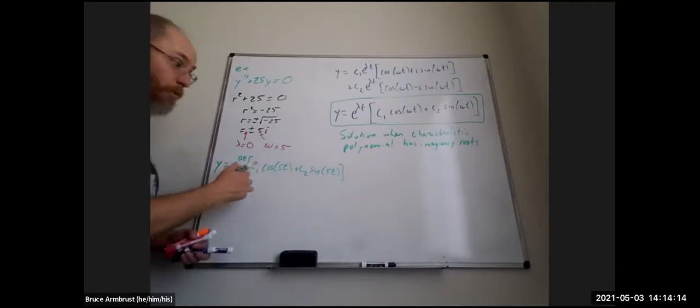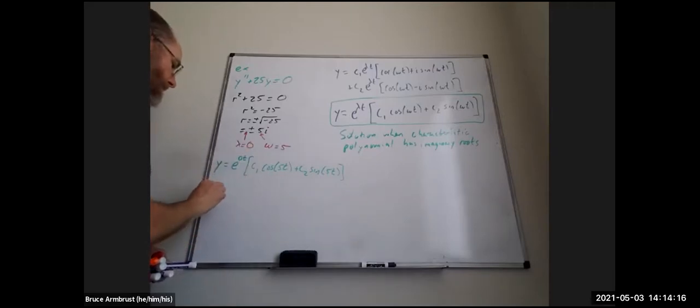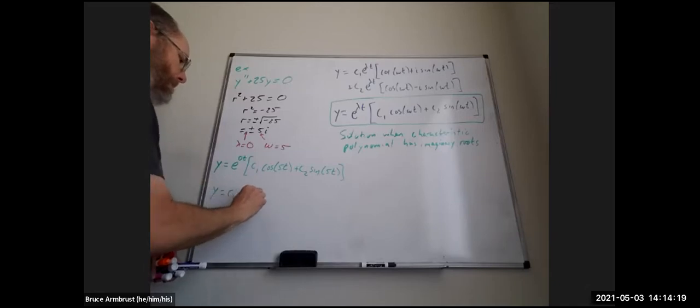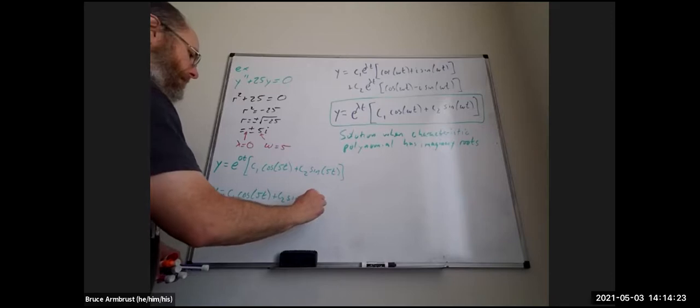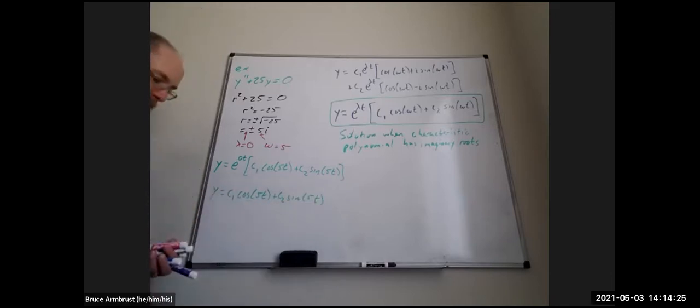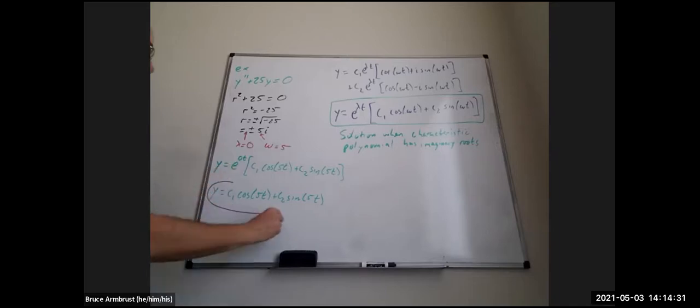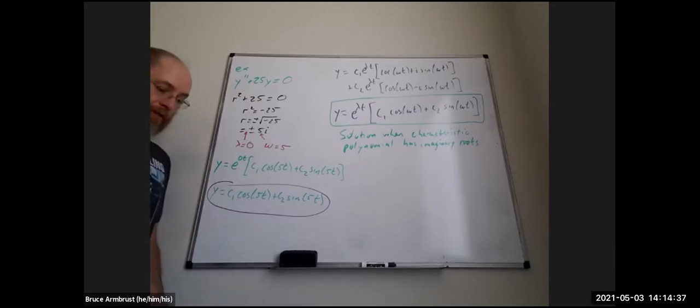Well, e to the 0 is 1, so that just goes away. And so there is the general solution to this differential equation. It's y equals c1 cosine of 5t plus c2 sine of 5t.